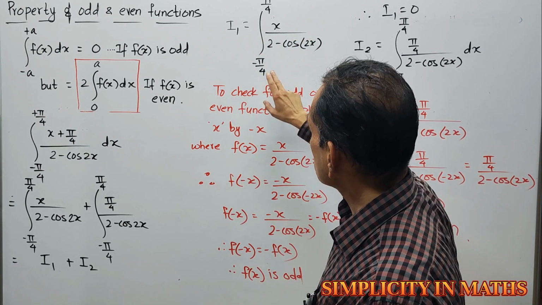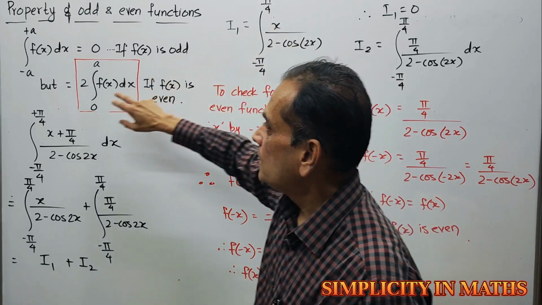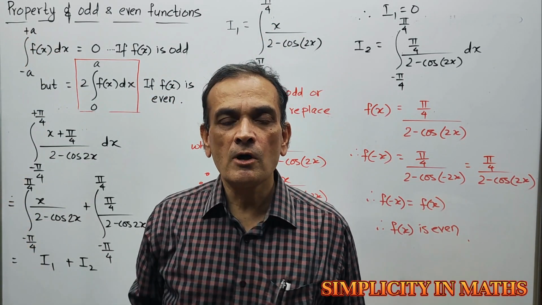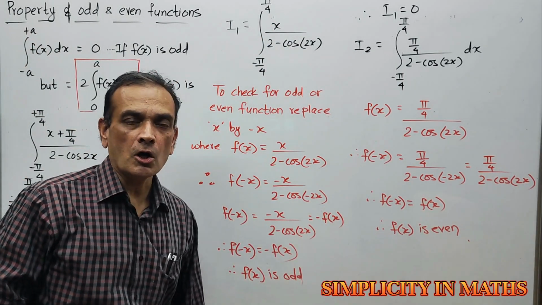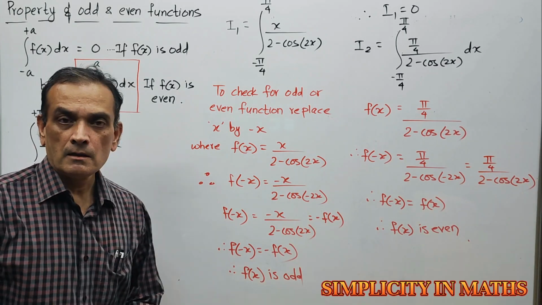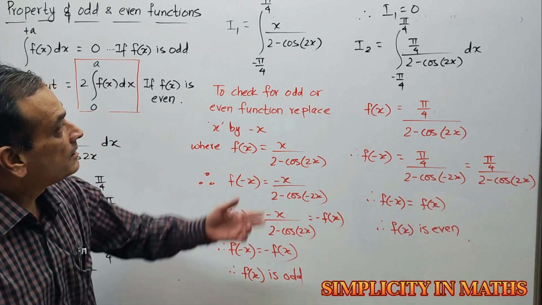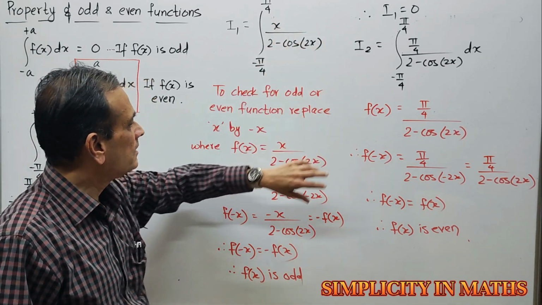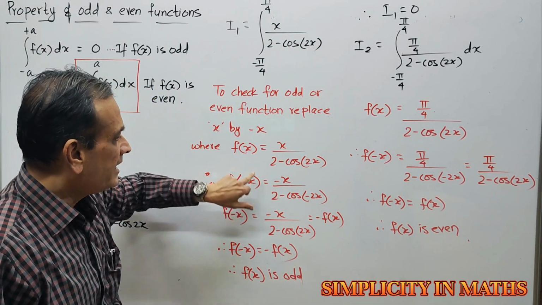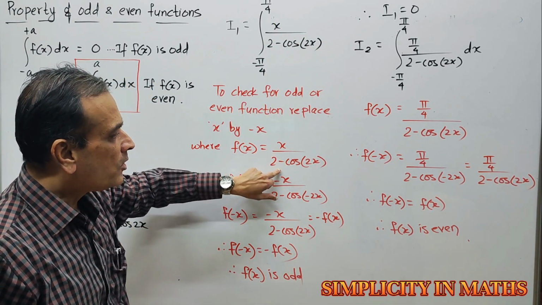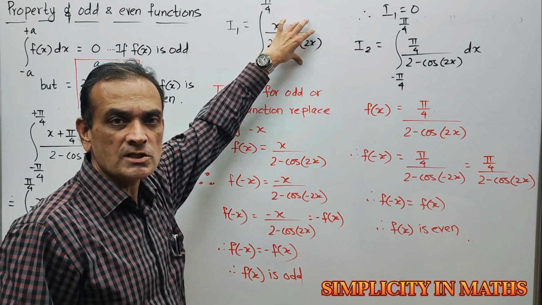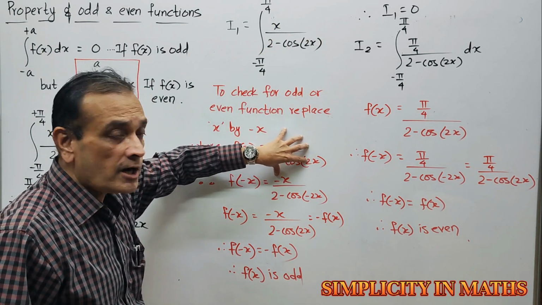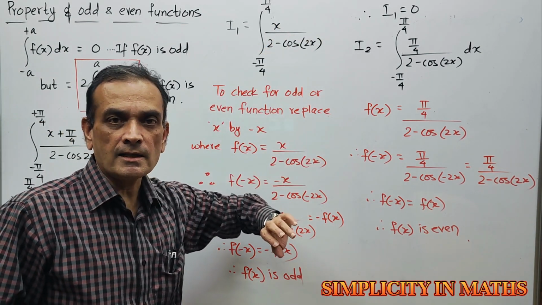Again -π/4 to +π/4. -a to +a means you have to check whether the function is odd or even. ये चेक करना है. So what is the function? ये जो इंटीग्रल के सामने है, that is called the function, which I have written over here. f(x) equal to x upon 2 - cos 2x. अब ये odd है क्या even है? कैसा चेक करना है?